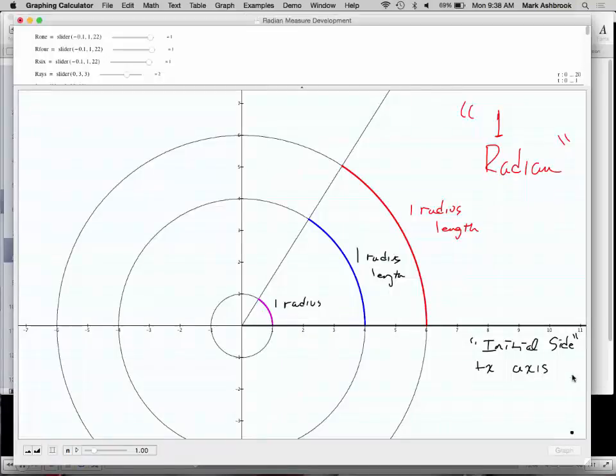We're also going to call it the 3 o'clock position on the circle, because it's pointing right at 3 o'clock on the face of a clock. And then we sweep counterclockwise from that initial side. We're just getting the terminology down here.